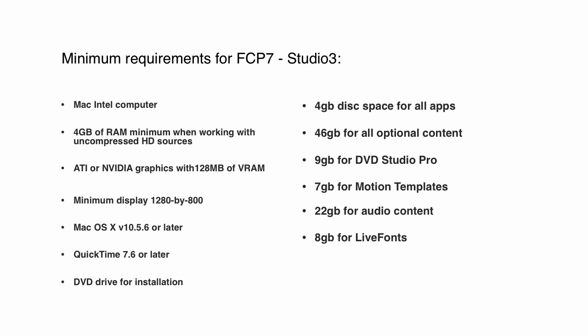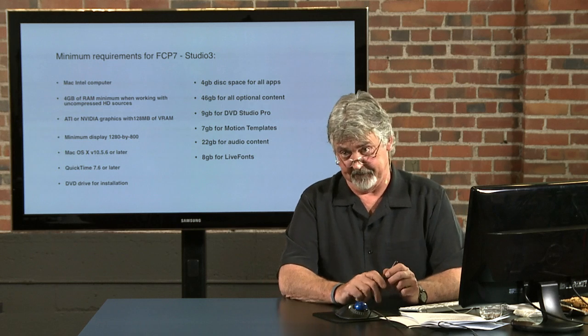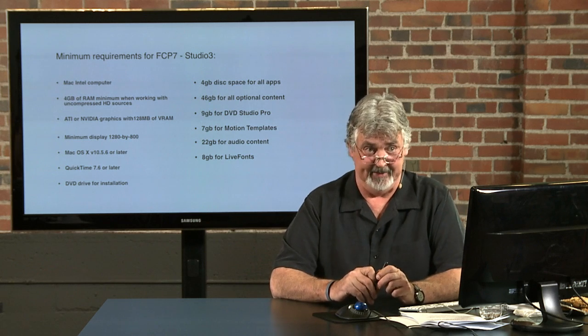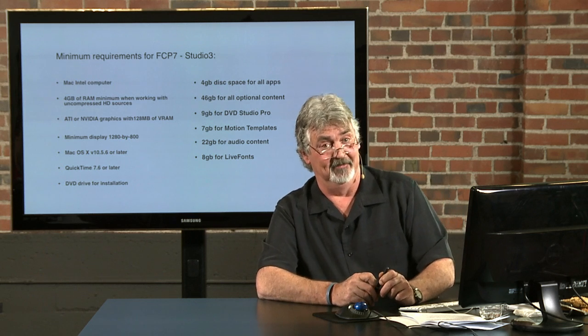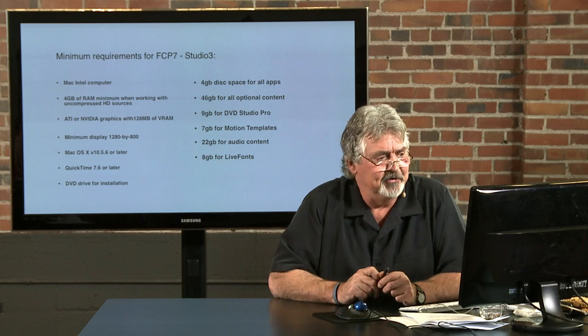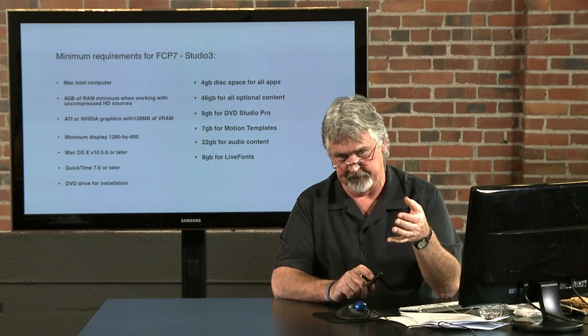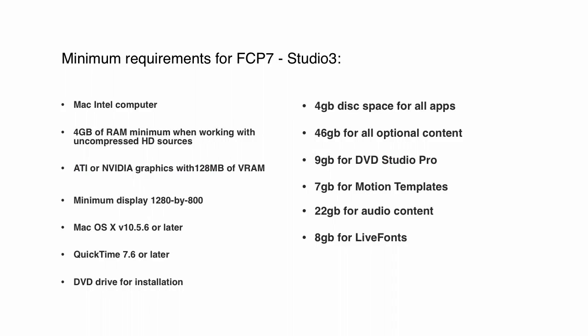Here's where it starts getting interesting, and it'll really follow on to my next slides. It takes 4 gigs of disk space to install just the applications. It takes 46 gigabytes for the optional content, okay? Now that breaks down to 9 gigs for DVD Studio Pro templates, 7 gigs for Motion templates, 22 gigabytes of sound and sound effects.